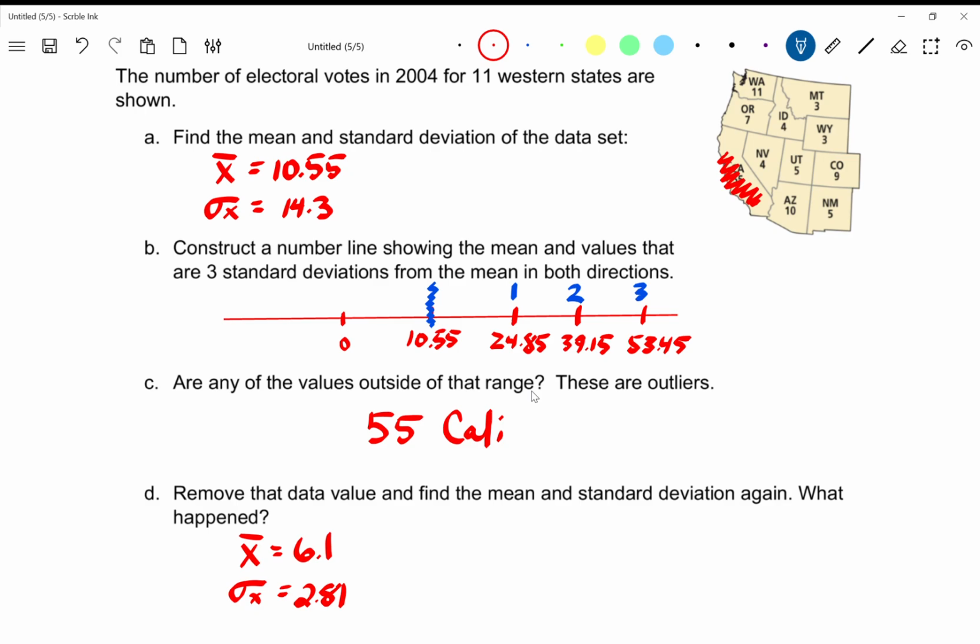Because California was included in the first set, the average was pretty high. The average was 10.5, and only one of these is higher than 10.5, so basically every number was below the average because California brought it up so much. Now you get an average of 6.1, which sits in the middle of them. And the standard deviation being 2.8 seems about right because they're not super far away from each other.